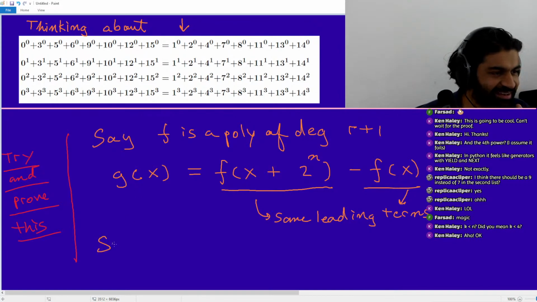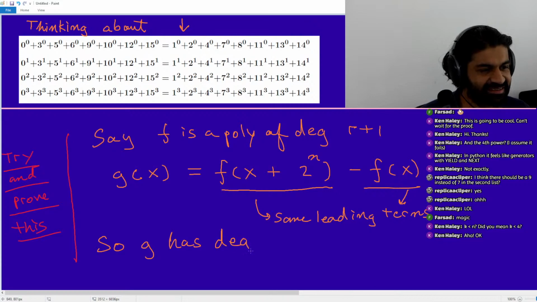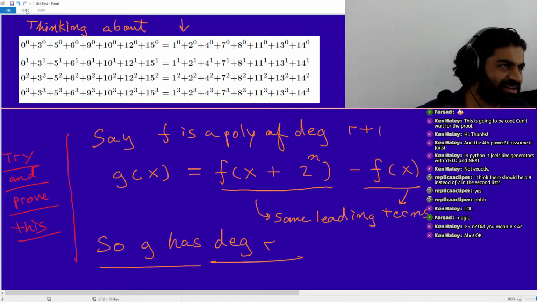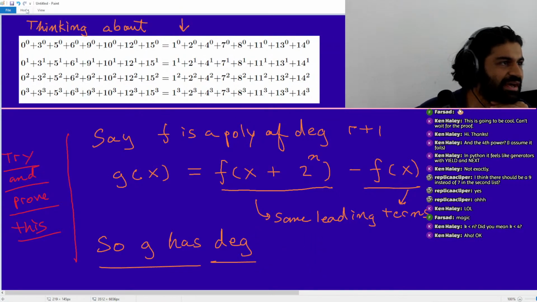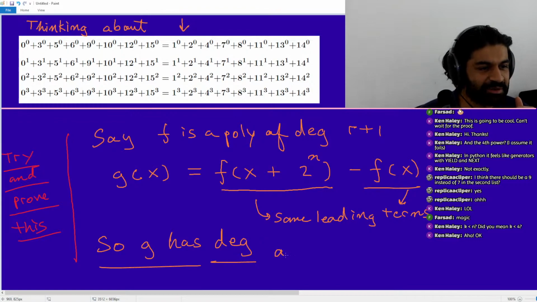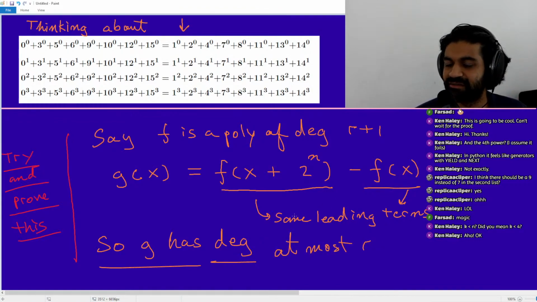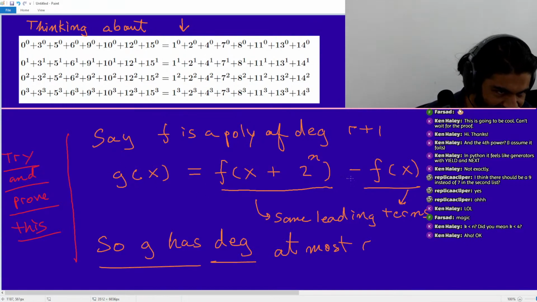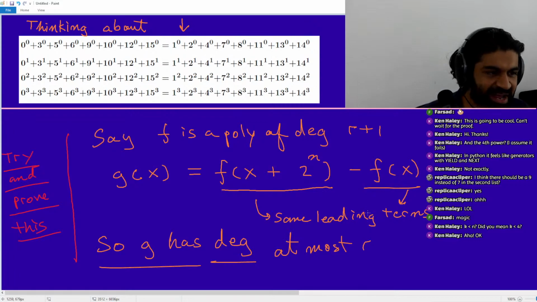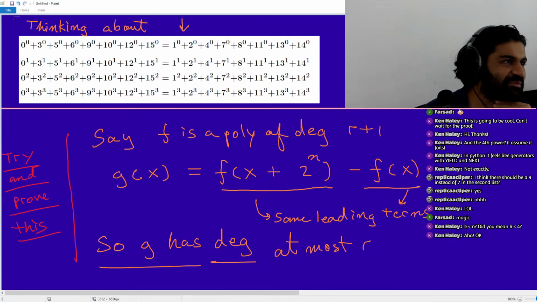So g has degree r, or at most r, I should say. Maybe more cancellation happens, I don't know, but its degree is at most r. If these have the same leading terms and I subtract them, then g has degree at most r.